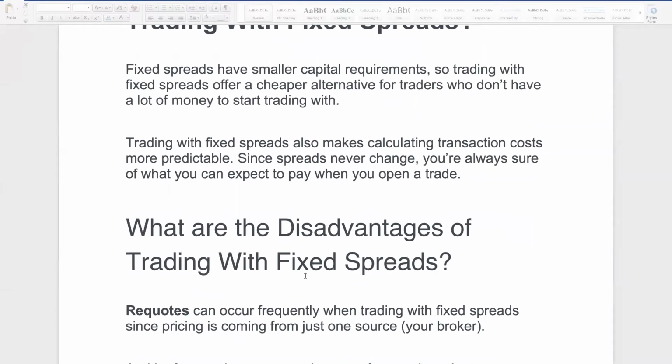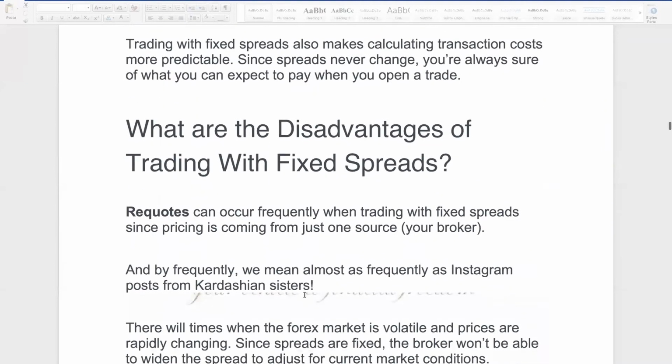What are the disadvantages of trading with fixed spreads? Requotes can occur frequently when trading with fixed spreads, since price is coming from just one source, your broker. Let me explain what a requote is. I will give you an example.